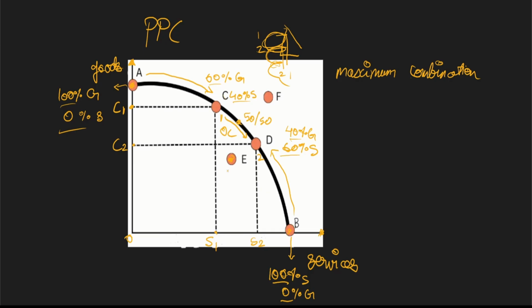Now, E and F are both special cases. So at E, you might have, let's say, 50% goods, 50% services, but only 30% goods. So at this point, you still have room to increase the production in either way.